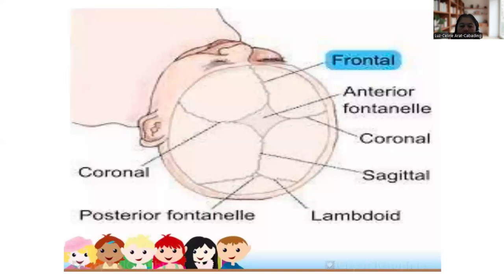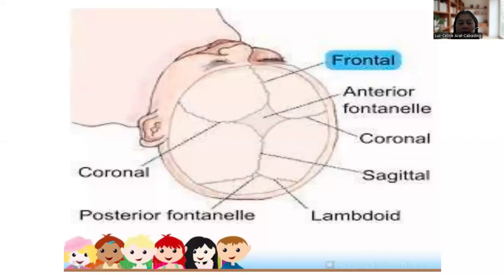Now, by the way, what you're looking at as lines in the head, these are what we call sutures. Okay? Sutures, this is where bones in the head fuse. And we have several suture lines in the head to connect different bones in the scalp.